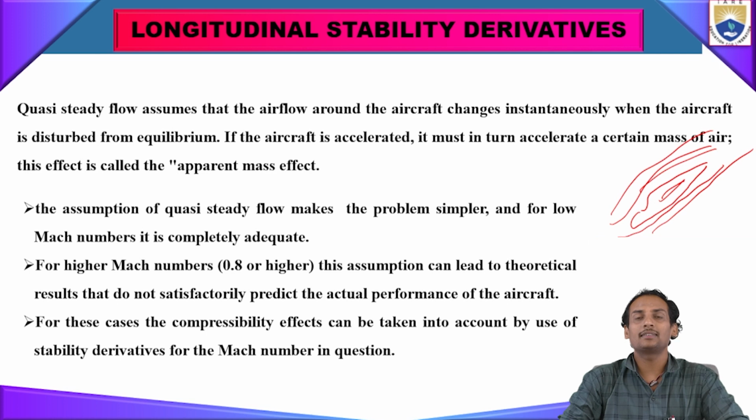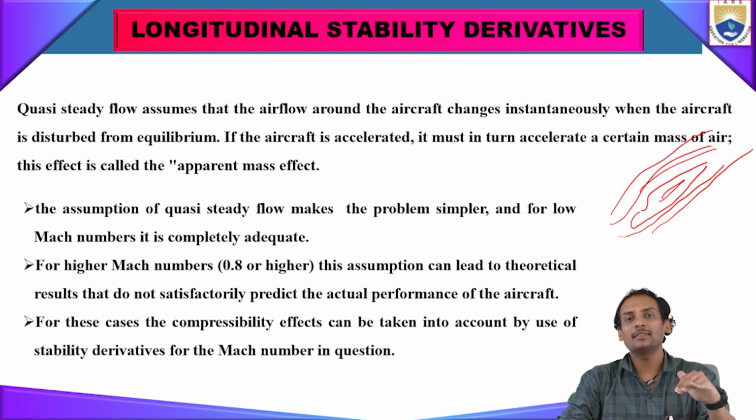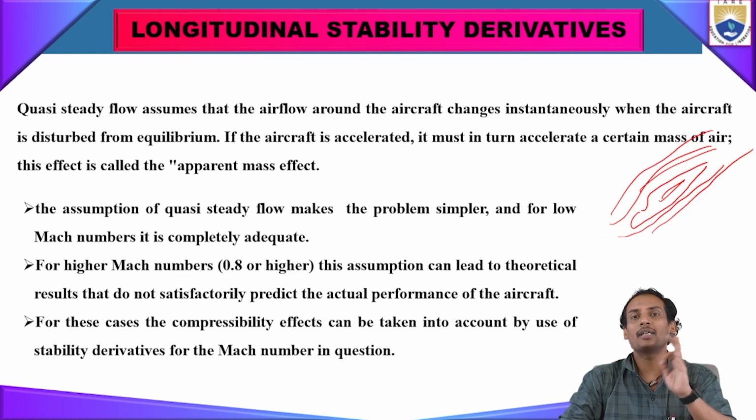So for these cases, compressibility effects can be taken into account through the use of stability derivatives of Mach number in the equation, because due to sudden changes in flow and in aircraft velocity, the fluid velocity also will change, so the stability constraints also will change.